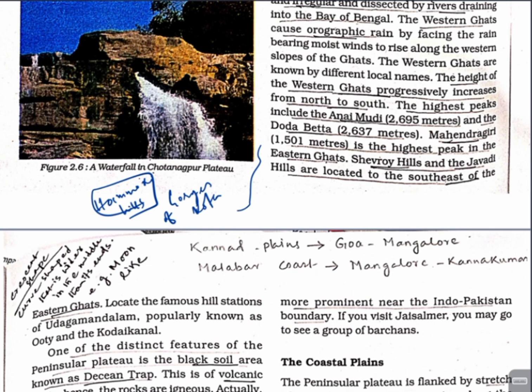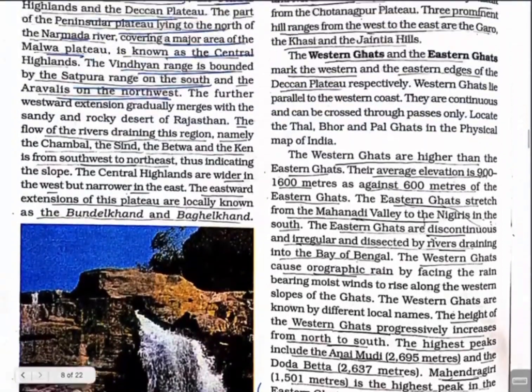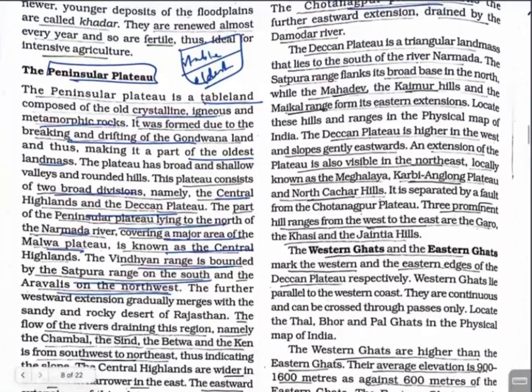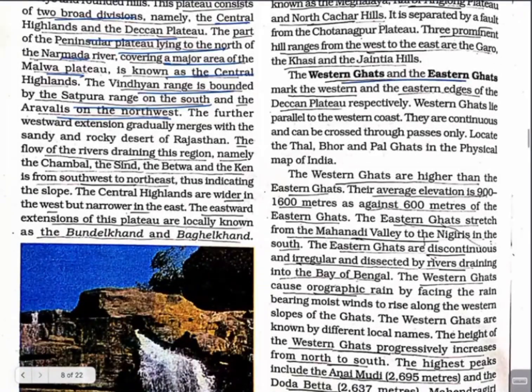Now we'll go to the divisions of the peninsular plateau. The peninsular plateau is divided into three parts. The first is the central highland, which is north of the Satpura range.